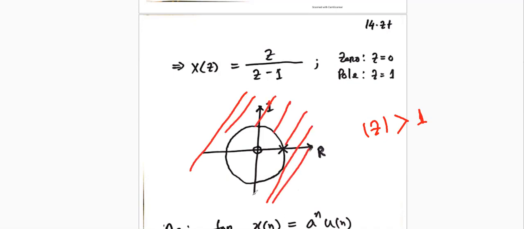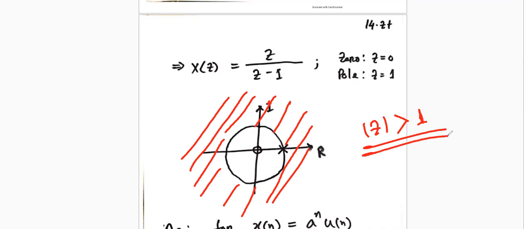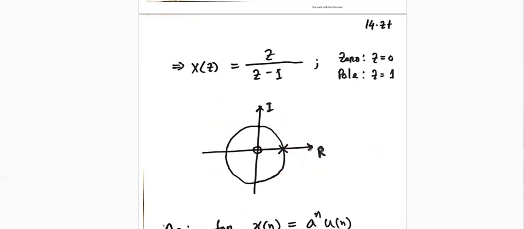This is more than 1, and the final destination is up to infinity. So you can write it like this. It shows that it is up to infinity, but by the graphical representation, you can't show where the infinity is. Okay, that's it.